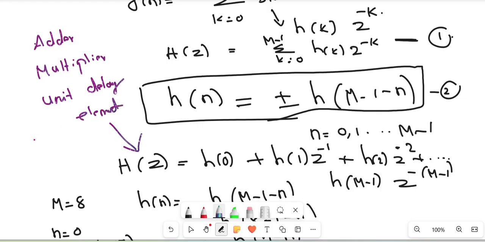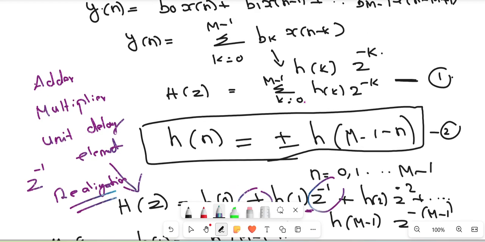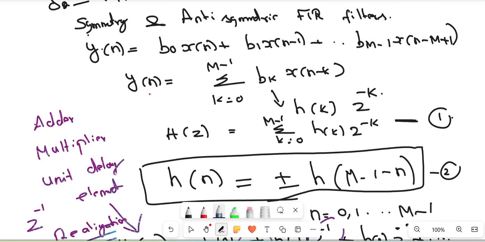The unit delay element is Z inverse. After that, we can do the direct realization. So, h of n, this is a multiplier, this is the unit delay element, this is the adder element. What are the three elements involved in the convolution? The summer, multiplier, and delay element.